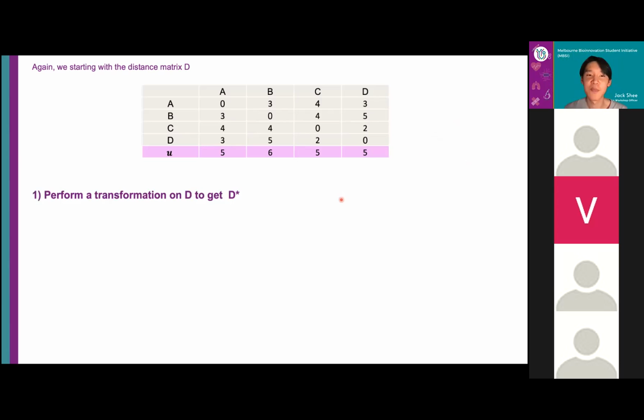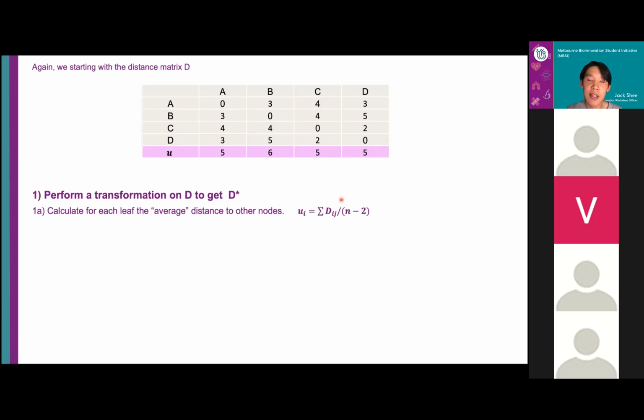But the key idea is that we now transform the distance matrix. The neighbor joining algorithm takes our original distance matrix and performs this critical transformation that guarantees the property that when we pick the minimum element, now it's definitely going to be a neighbor.